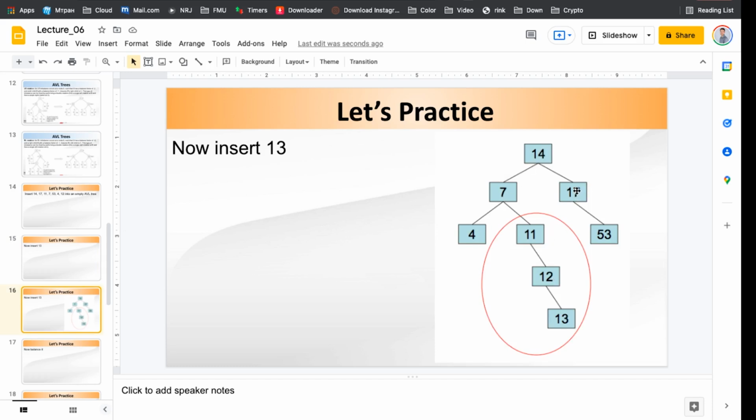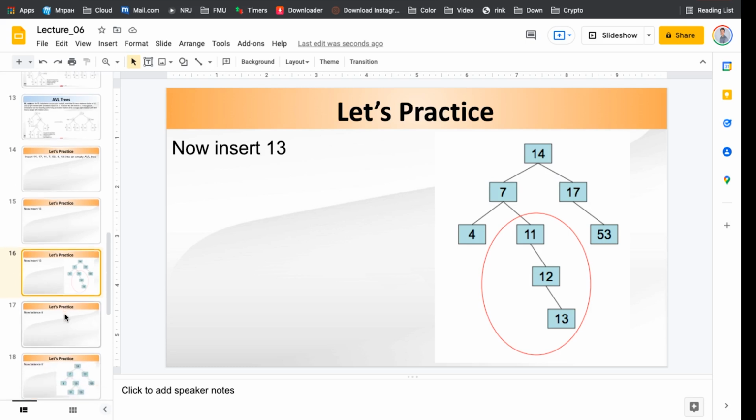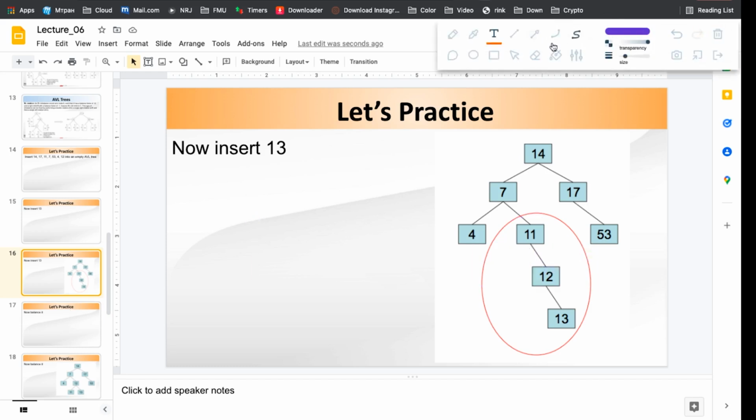So that's a problem. Of course, that definitely sticks out. Now we need to do something. How do we balance that out? First off, we need to write out the balance factor for every single node. So it's 0, here it's going to be 1, here it's going to be 2, here it's going to be 0, here it's going to be 0.